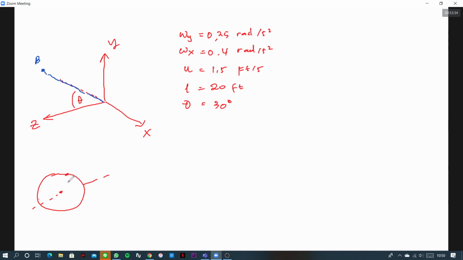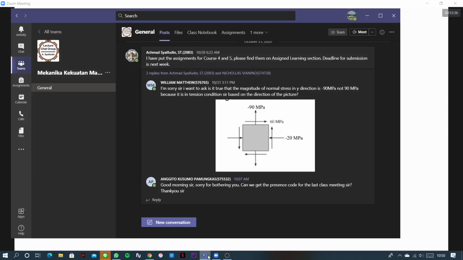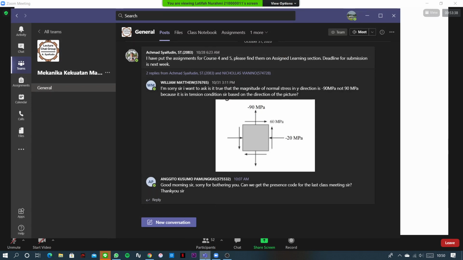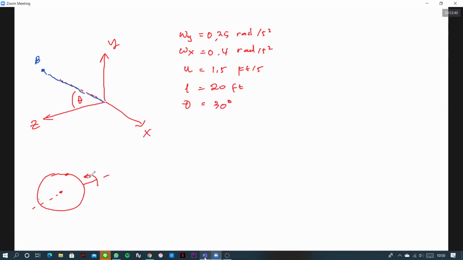You know for sure that the angular velocity is only about one axis. But if you have a case like this in three-dimensional space, how can you finish this? You will need a vector product.